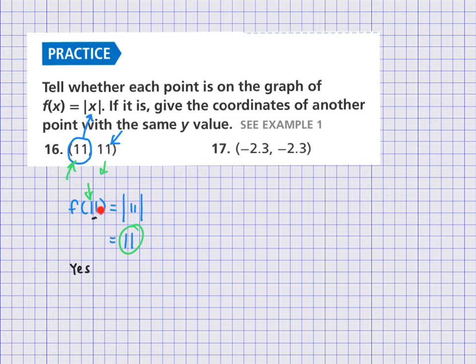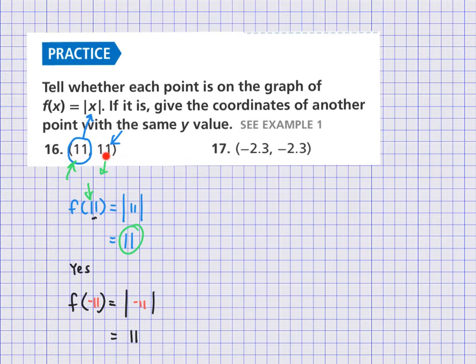A different number in, but the same number out. Well, clearly the absolute value just takes the opposite of negatives. So notice here, if I substitute a negative 11 in, what comes out? A positive 11. So there we go.